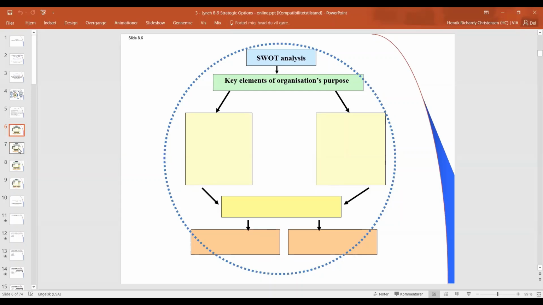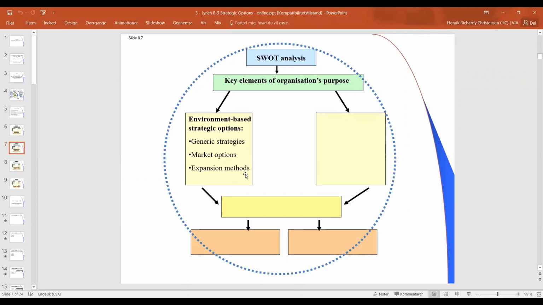And then when we're looking at this next slide here, we have the environment-based strategic options. And here you can see that Lynch is talking about three different kinds of strategies: generic strategies, market options, and expansion methods. I would like to say right now that the expansion methods are not in that sense real strategies based on the marketplace.